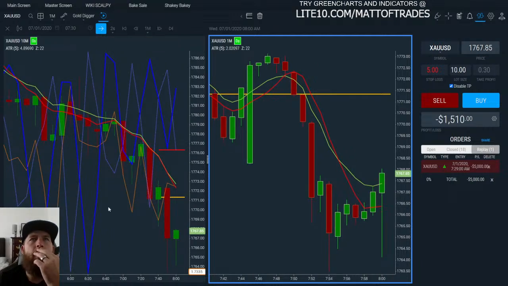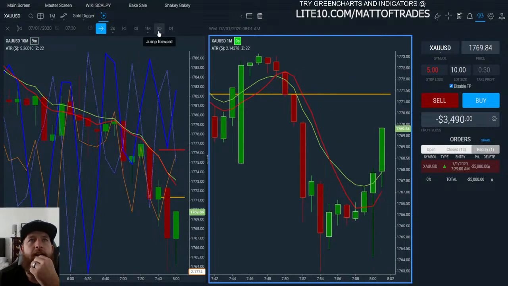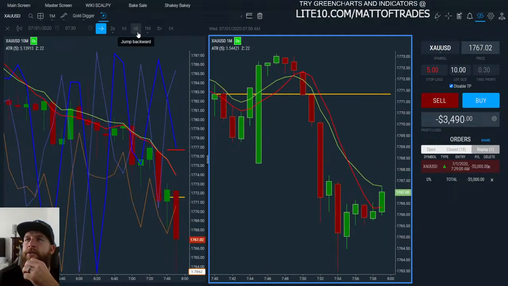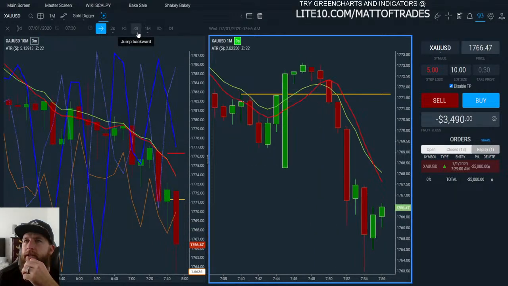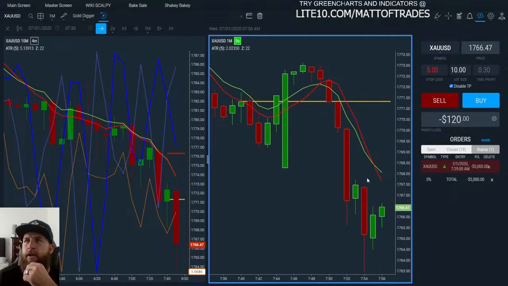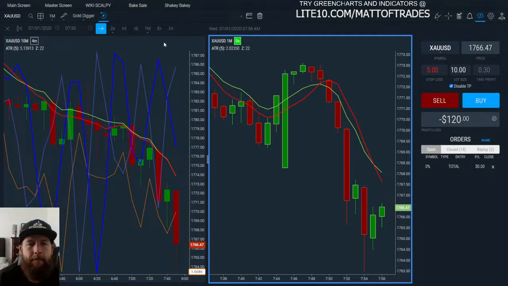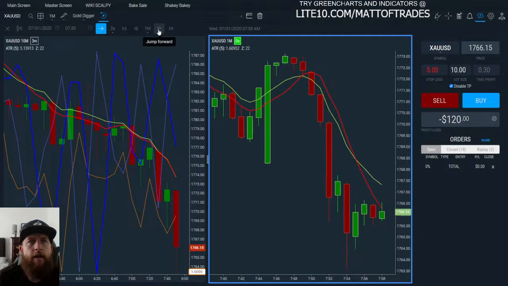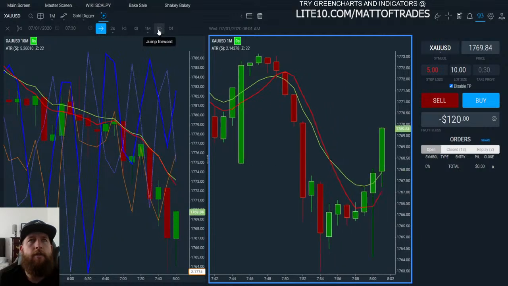Okay. Oh, no. Nope. That's still pointing down, so we're not exiting yet. Oh, there it is. Okay, I just wanted to double check that we weren't getting signals to exit earlier than what we did. Okay, so I was right the first time. Moving on.